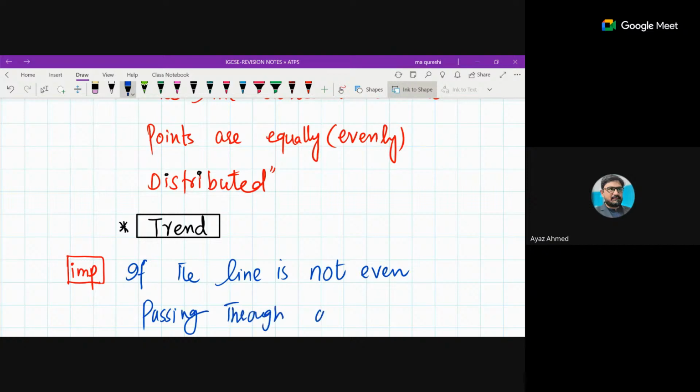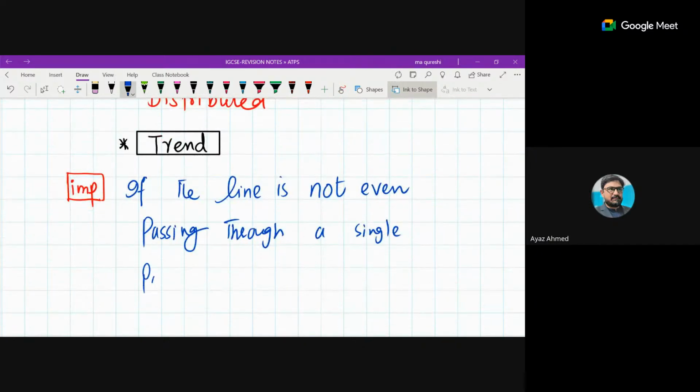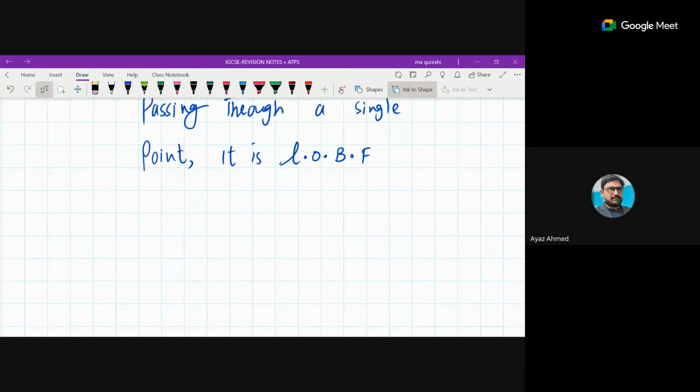It is line of best fit or curve of best fit, right? Curve of best fit के लिए अलग procedure है. I will let you know. So here I will tell you even distribution का मतलब क्या होता है.